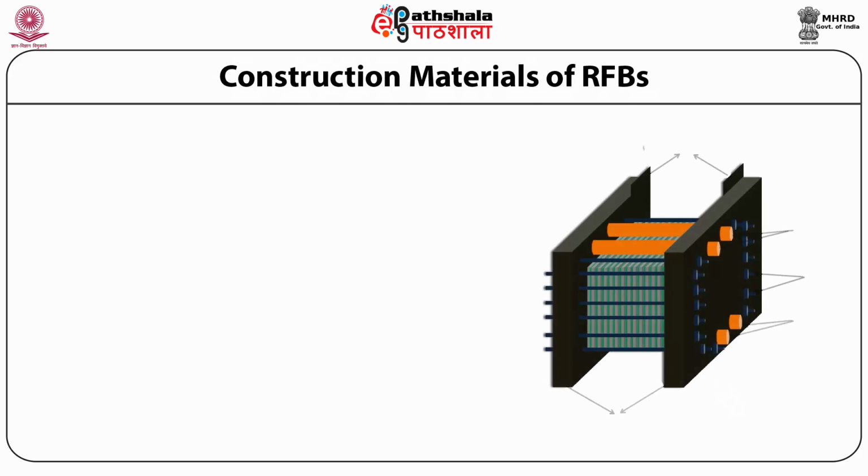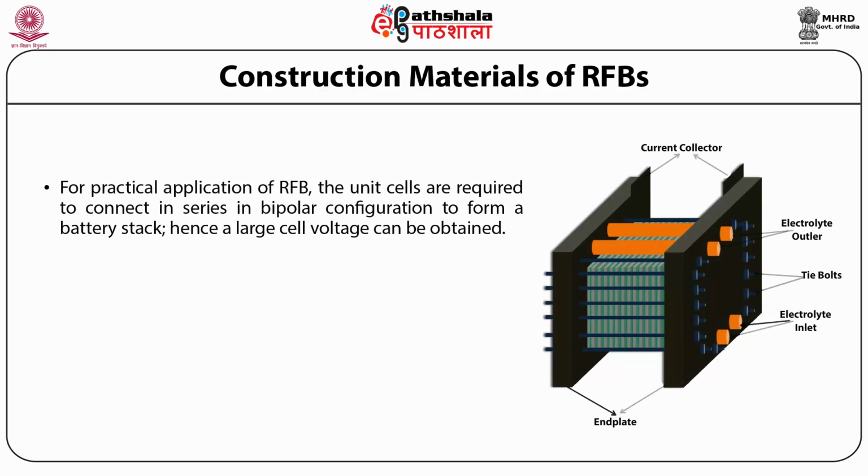So students, continuing our discussion over the construction materials of RFBs, the figure shows the schematic of the RFB cell stack. For practical applications of RFBs, the unit cells are required to be connected in series in bipolar configuration to form a battery stack.